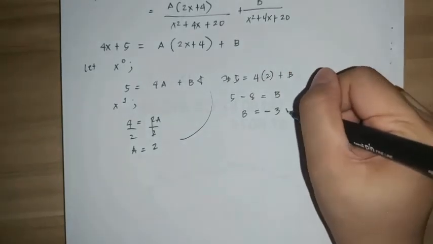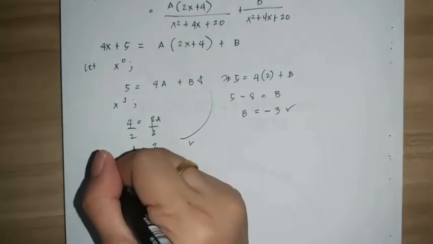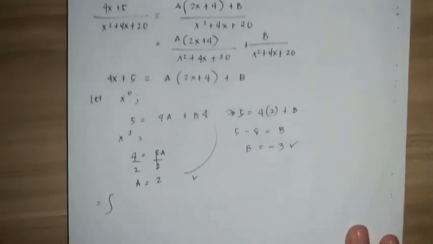So we have the values of A and B, and we can substitute them into our partial fraction form.